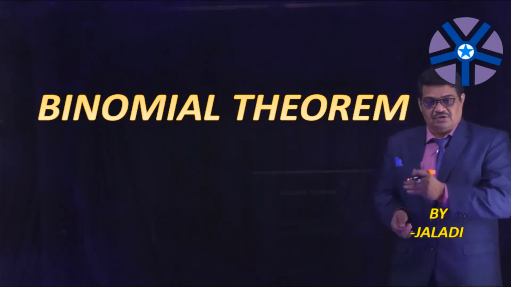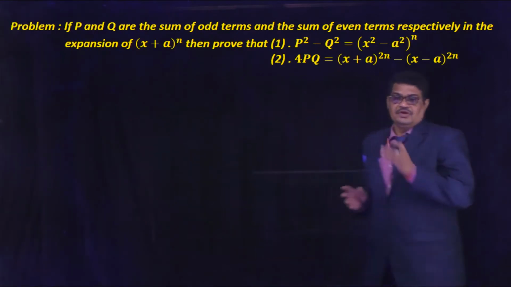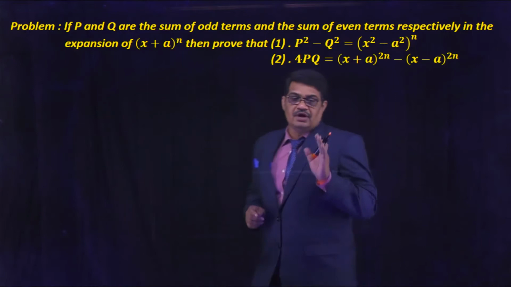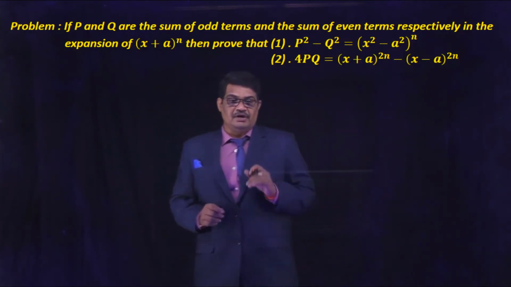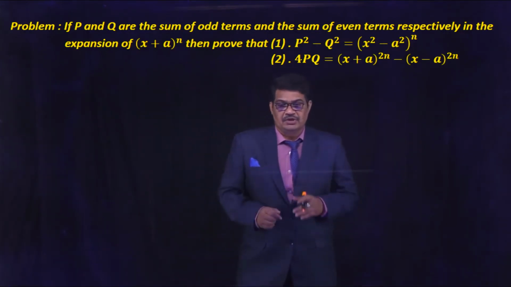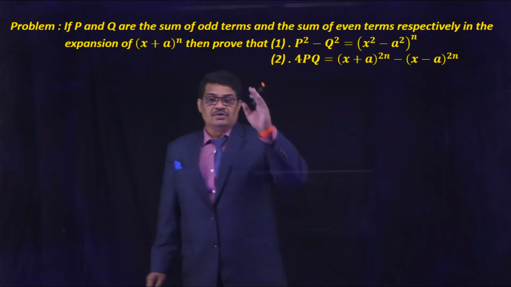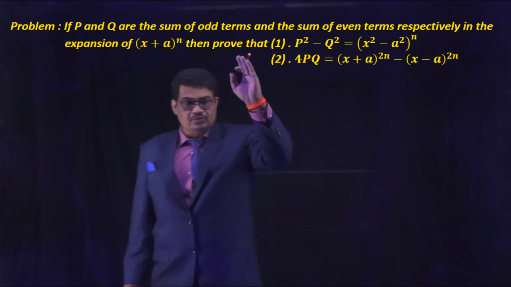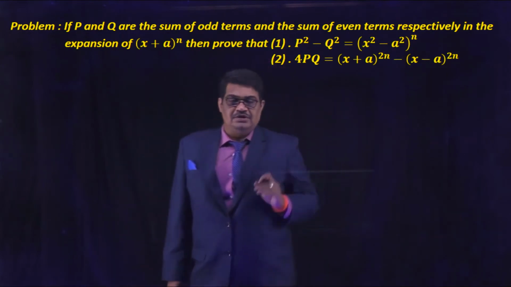Okay, let us start. Problem: if capital P and capital Q are the sum of the odd terms and even terms respectively in the expansion of (x + a)^n, then prove these two results.